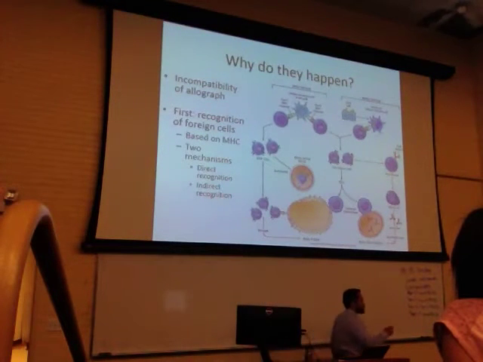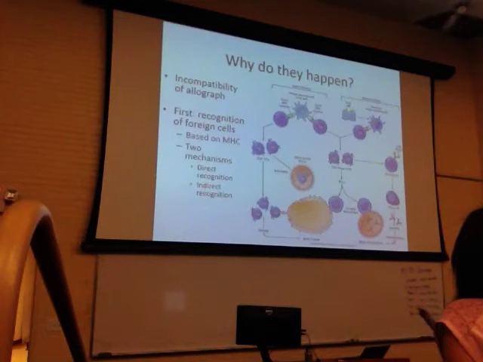And you trigger this downstream event causing activation of CD8 cytotoxic T lymphocytes, and those cytotoxic T lymphocytes are going to then find the donor or the graft renal tubule and start destroying it.